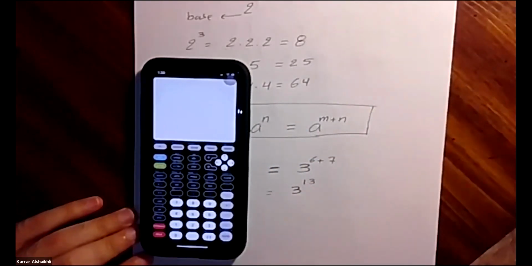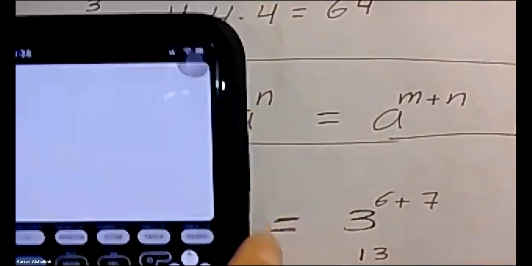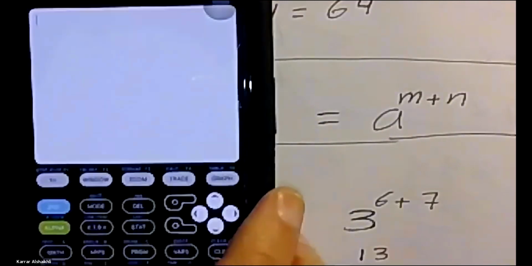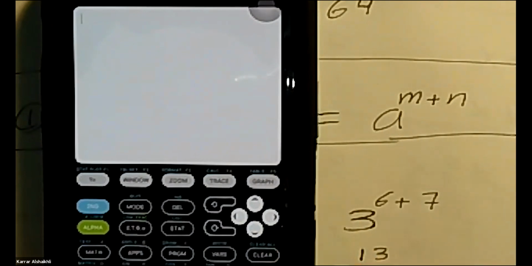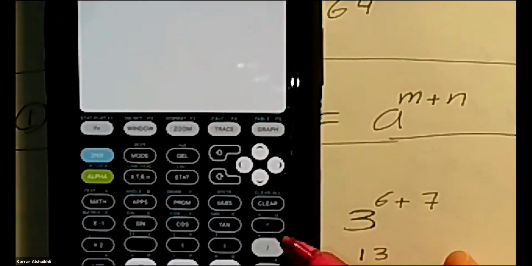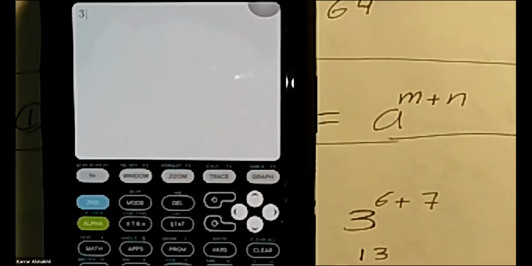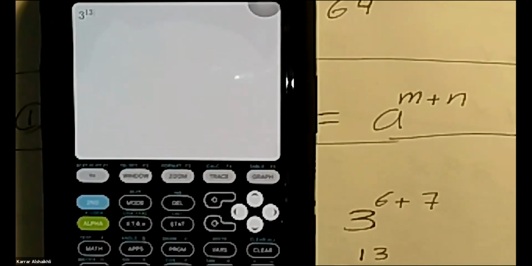I'm just going to maximize everything so you can see. I'm going to type 3, and here are the exponents, under the clear. I'm going to press the exponents and then type 13.